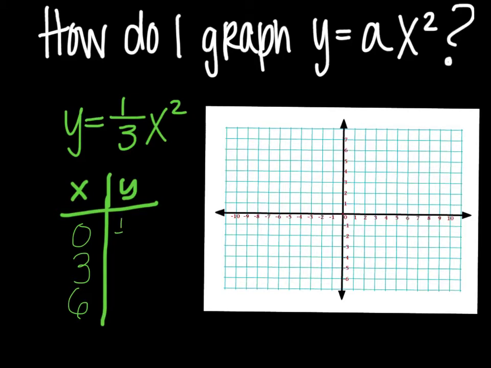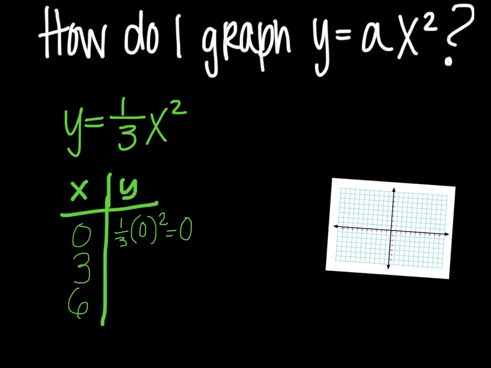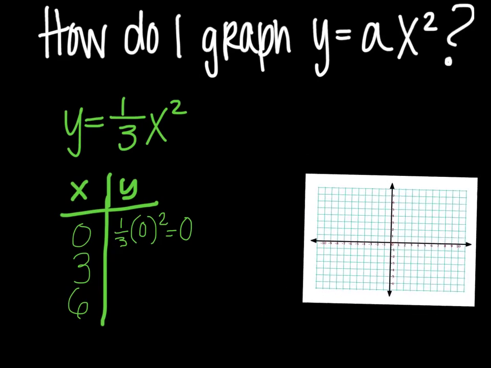So 1/3, and then I'm dragging and dropping that 0 in for x squared. Order of operations, I have to square first. So 0 squared is 0, and then 0 times 1/3 is 0. So the coordinate point for that would be 0, 0. For 3, I have 1/3 times 3 squared.